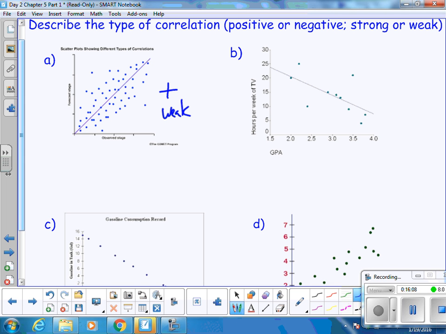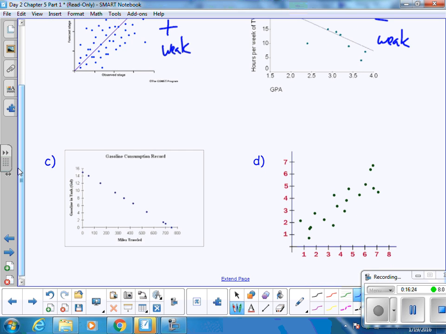When you look at B, again, not much of a correlation, but when you put it in the graphing calculator, it does a really good job at just pulling the data together and finding that it does have a negative correlation, but this correlation is also a weak one. When you look at C, we see a negative correlation, but this one's pretty strong.